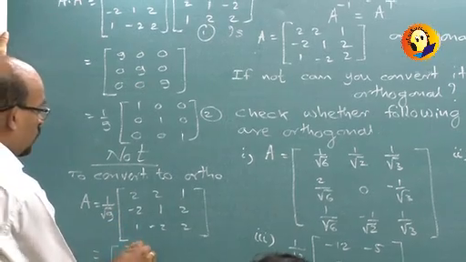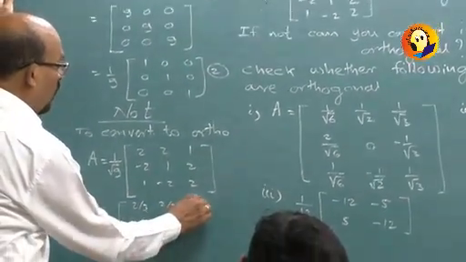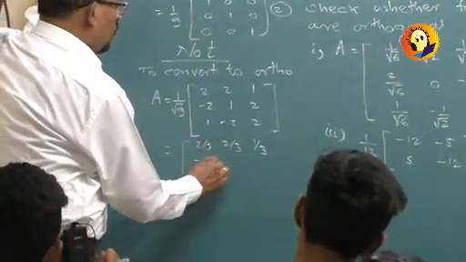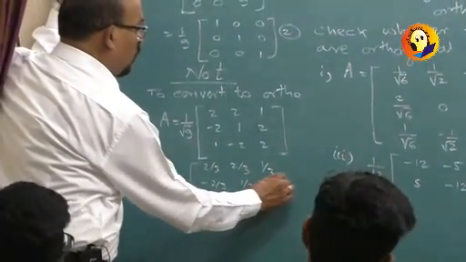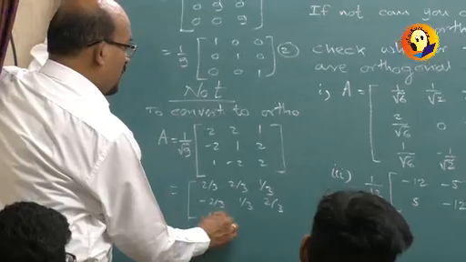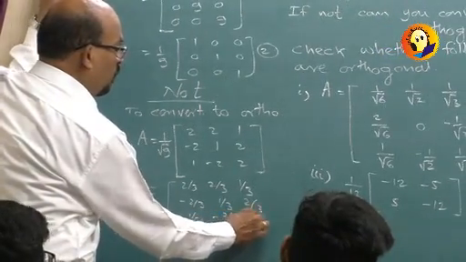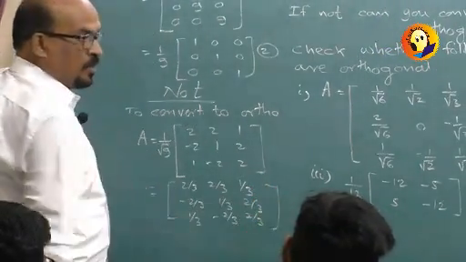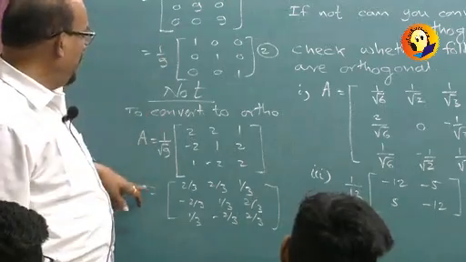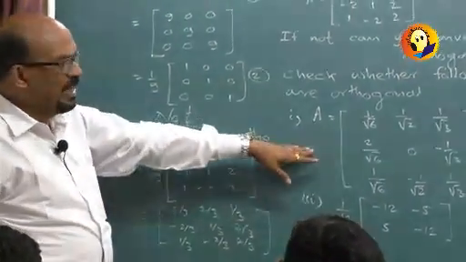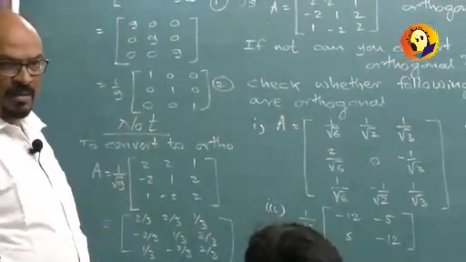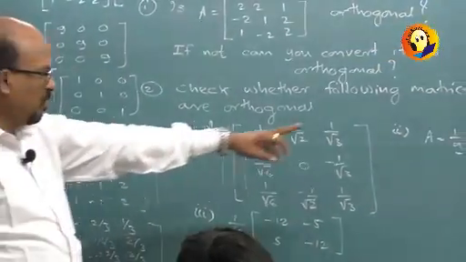So it becomes 2 by 3, 2 by 3, 1 by 3; minus 2 by 3, 1 by 3, 2 by 3; and 1 by 3, minus 2 by 3, 2 by 3. So only the first problem was a bit different. Otherwise, in all these, if you just multiply, you will get identity. All of them are orthogonal.